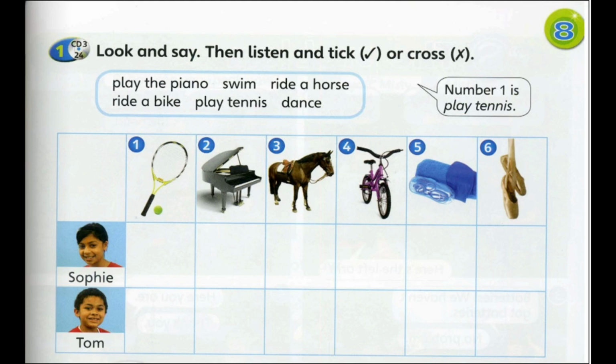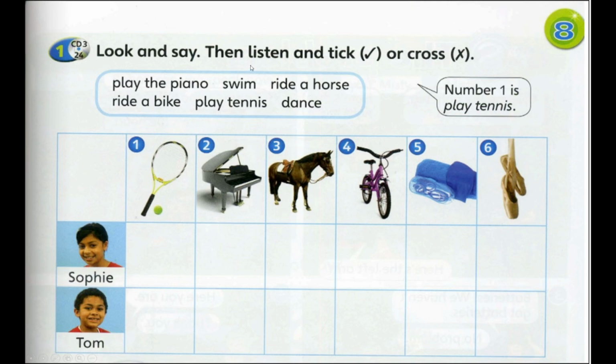So let's have a look at the instruction. You have to look and say. Then listen and tick or cross. As you can see, the symbol of tick here and the cross here.